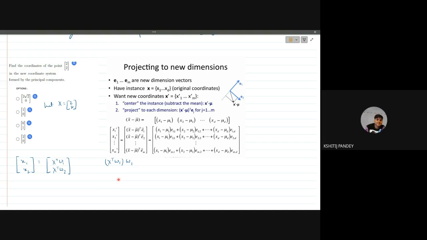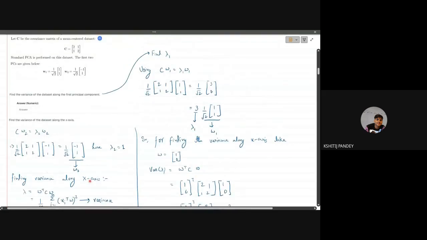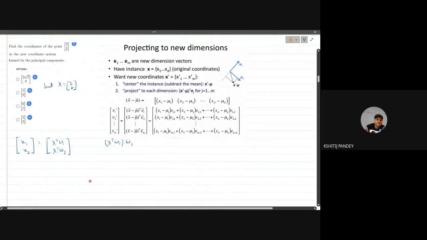But we are only concerned with the length of it. All the W's we take such that the norm is equal to 1, even in this example. So the length of this will be X transpose W1 only, correct?